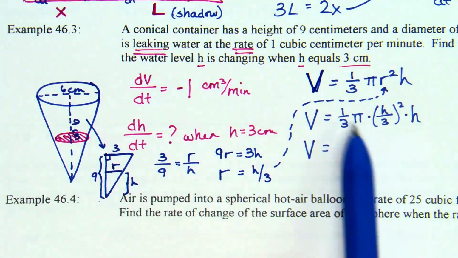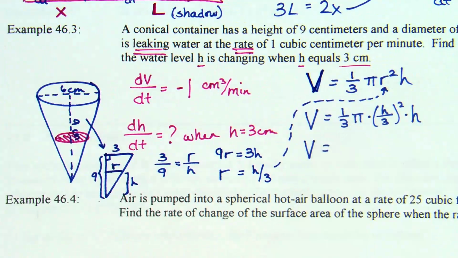And let's put all of our coefficients out front. We already have a 1/3 out here. What's in the denominator here? 3 squared, which is going to be 9. What can I multiply this 9 over into? The 1/3. 1/27 pi h cubed.